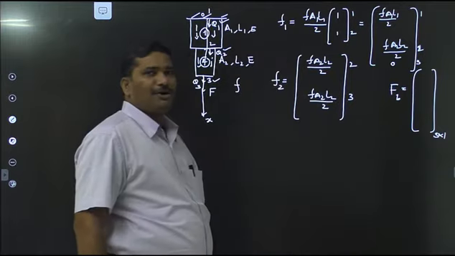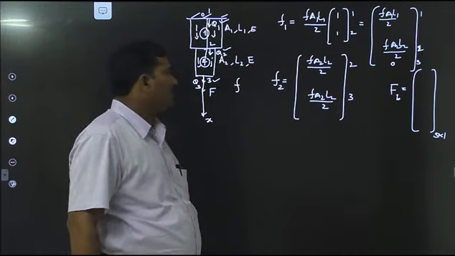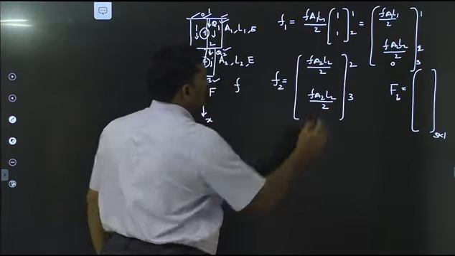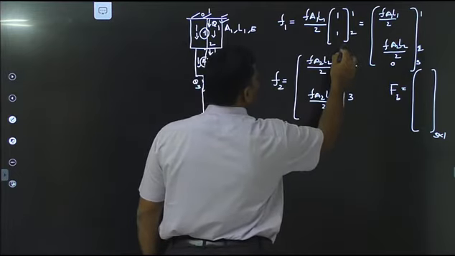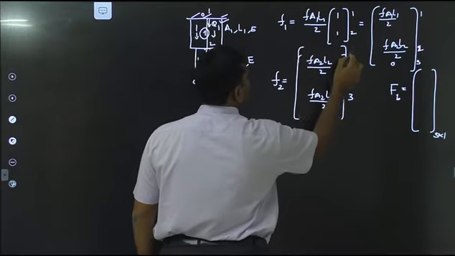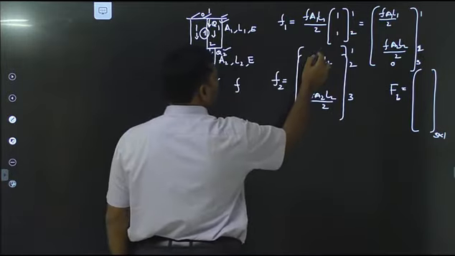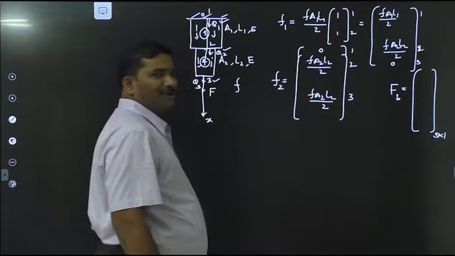You don't have any problem. Understand? Now in this, what I do is, in this, I consider first node also like this. This is the first degree of freedom. Then what is the corresponding element? I put 0. I don't have any problem.